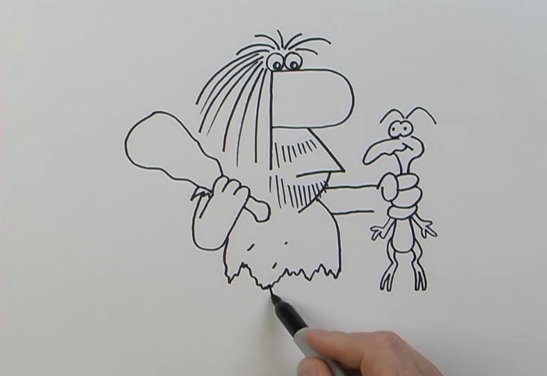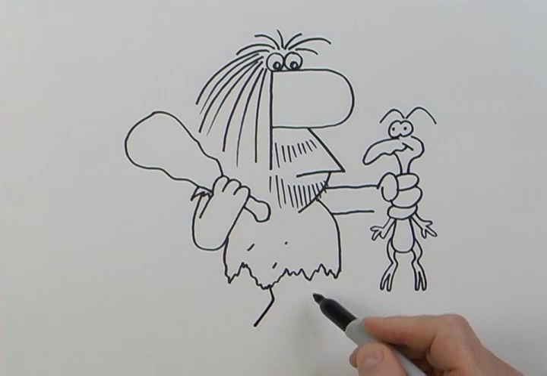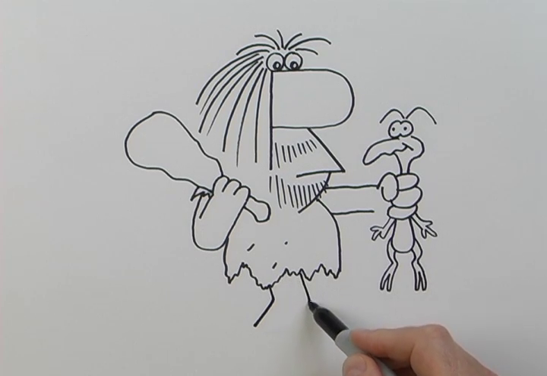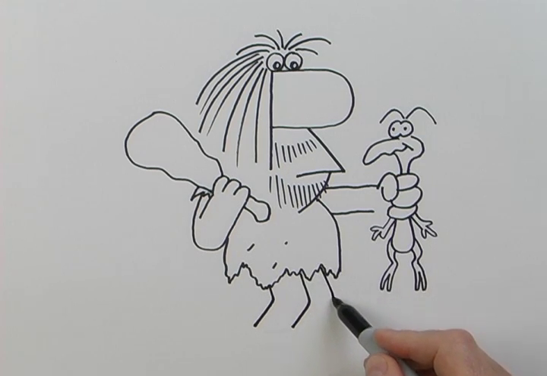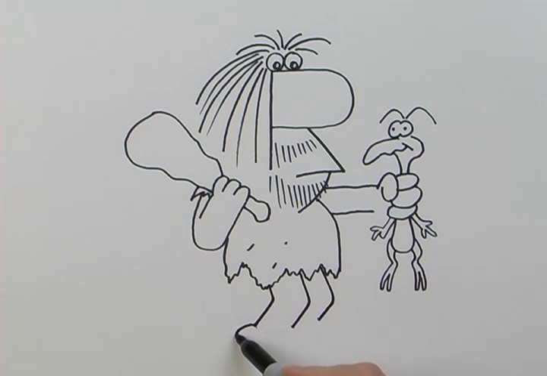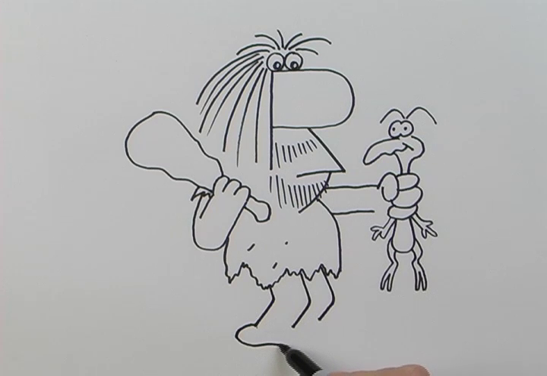I'll bring this line down and over and stop. Bring this line down and loop it around and stop. His knees are bent just like that. I'll draw his heel, bring this line over, now I'll make some toes. 3 toes, and the top of his foot and a big toe.